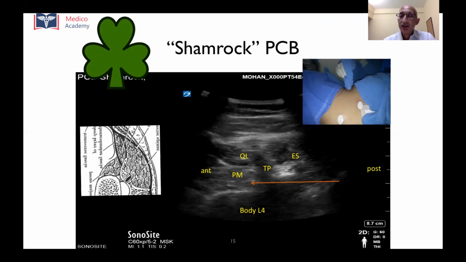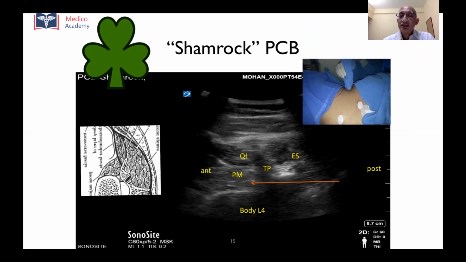As you can see, the ultrasound probe is kept on the flank, trying to delineate the body of L4 and the transverse process. The transverse process of L4 is the largest among the lumbar vertebrae, so it's easy to delineate.